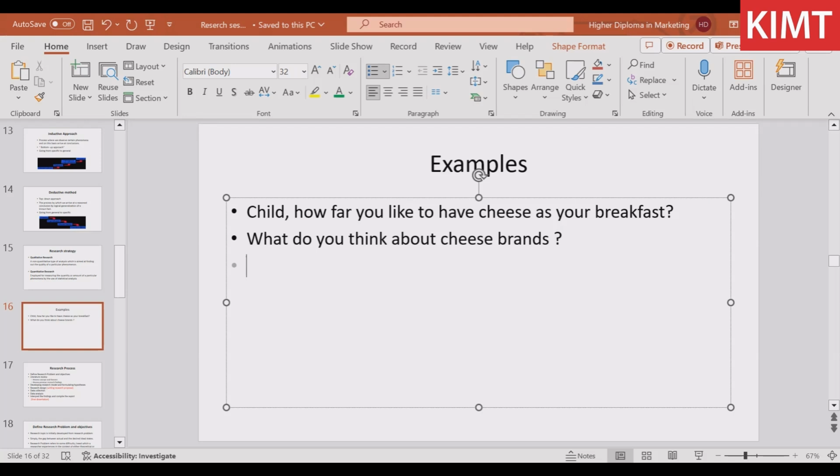They have enough cheese. So they don't give you very wow answers because it's a regular thing, but they have seen it, they have eaten it. Understand. So if you want to give a real picture of people, better follow qualitative research.